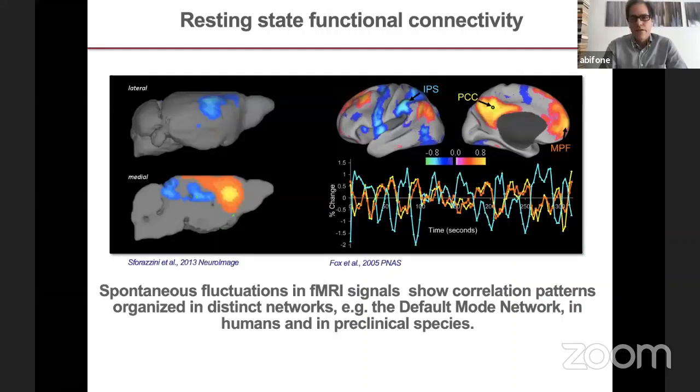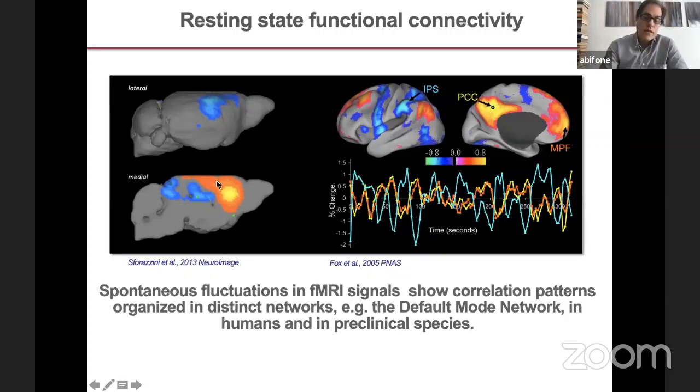Previous speakers have introduced functional connectivity, so I do not need to spend many words on this. What I need to point out, though, is that functional connectivity and the organization of functional connectivity into coherent networks is not a privilege of the human species. It's something that is also observed in other animals, like laboratory animals and generally speaking in mammals.